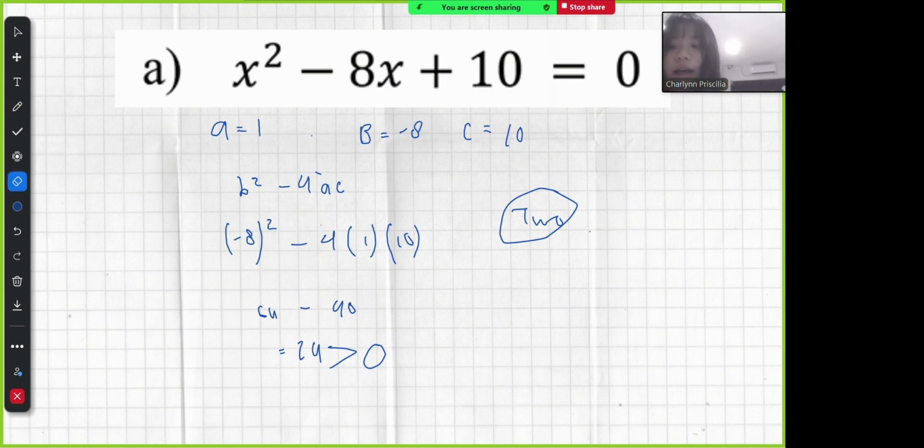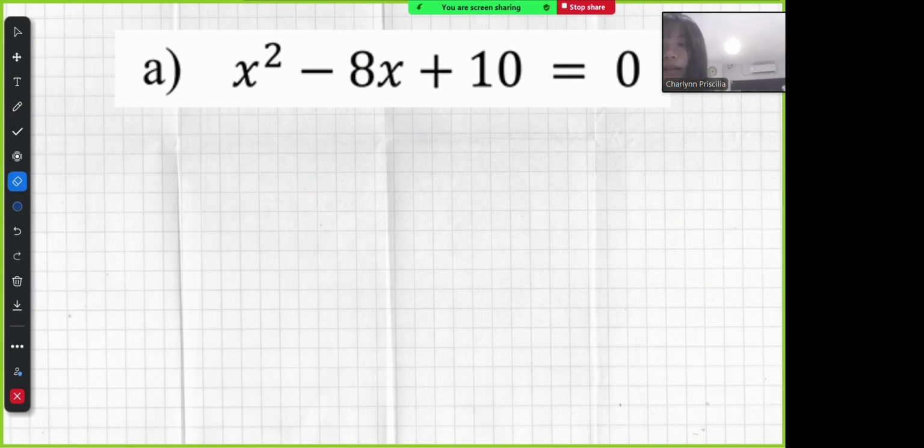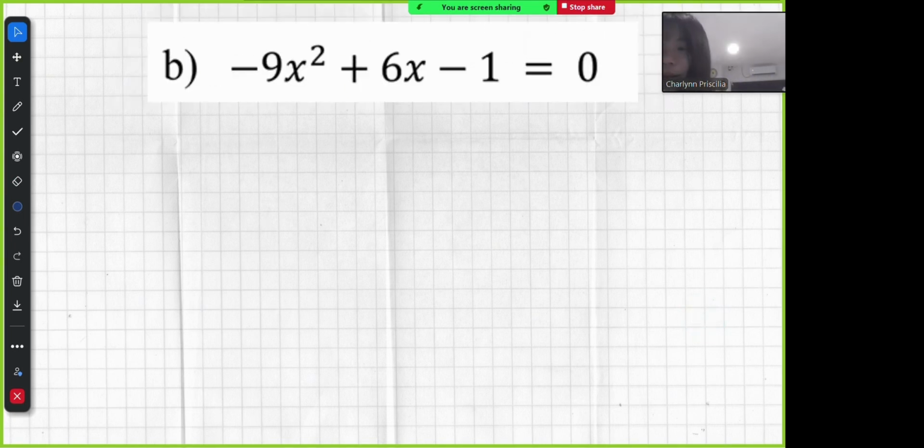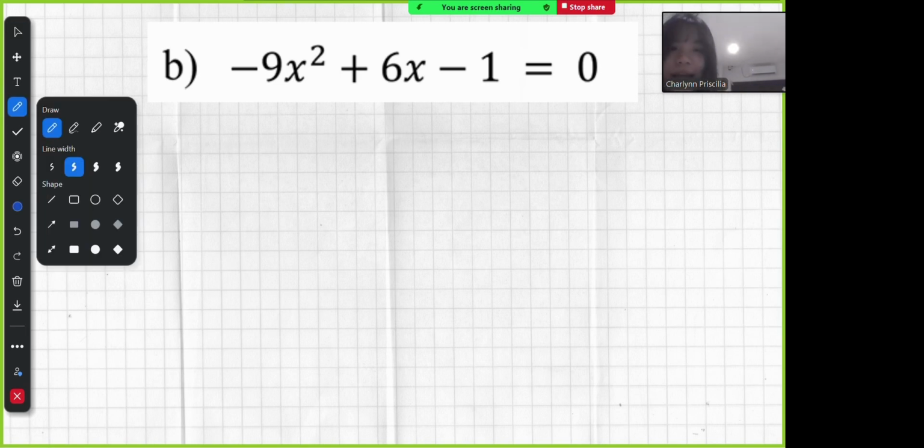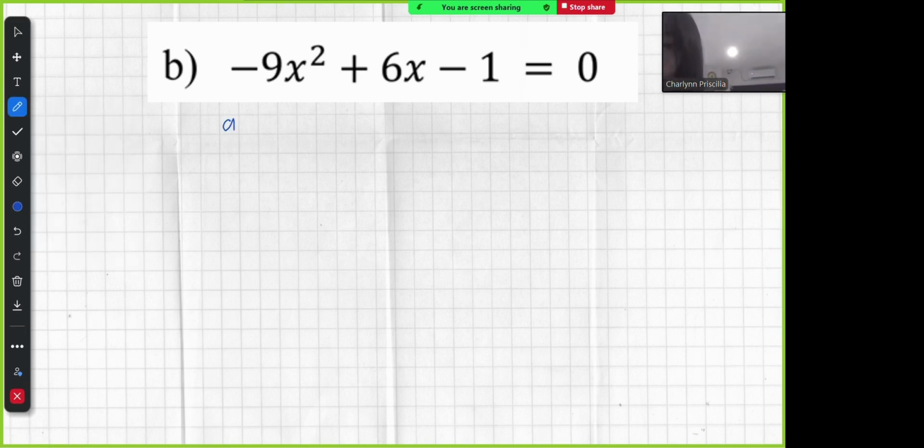If y'all still don't get it, we'll move on to the next question. So here, B. It's almost the same as just now, but A is given here. So our A is -9, our B is 6, and our C is -1. Okay, here we go. Please don't forget the formula, it's b squared minus 4ac.